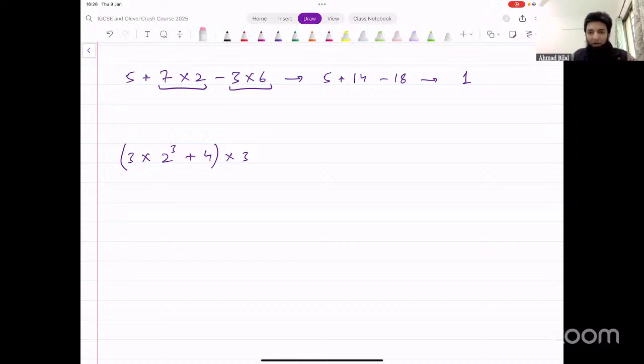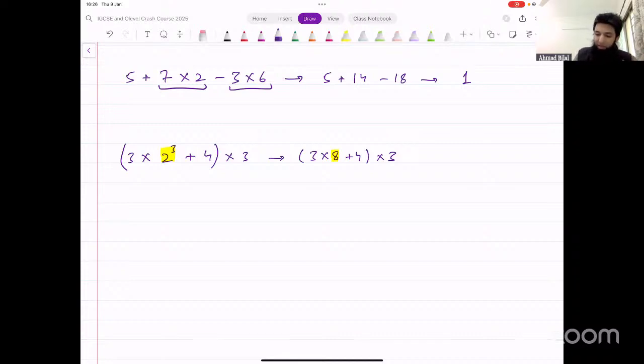Power, right? Order includes power. We have to evaluate the power first of all. So when we evaluate the power, it is going to give us 3 times 8 plus 4 times 3. So 2 raised to the power 3 becomes 8 first of all. That's the first thing that has to be evaluated inside the brackets.